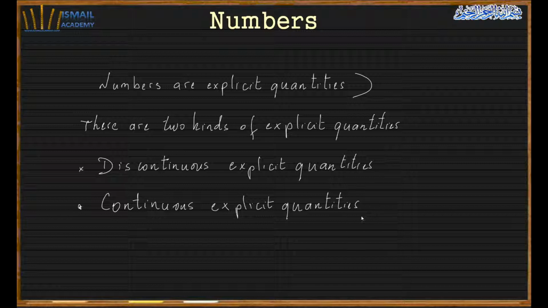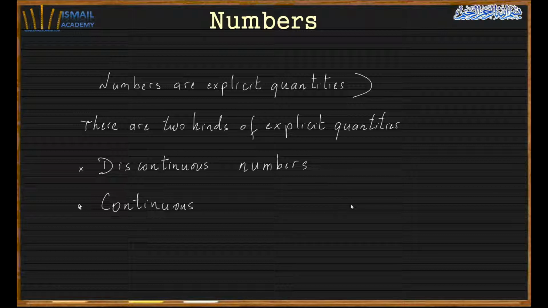So those are the two kinds of explicit quantities, and we know that explicit quantities are just numbers. So if I erase this, I will say I have a discontinuous number and we have continuous number. So here, instead of saying explicit quantities, I will say numbers here, and here I will say number. I'll just substitute explicit quantities by number.